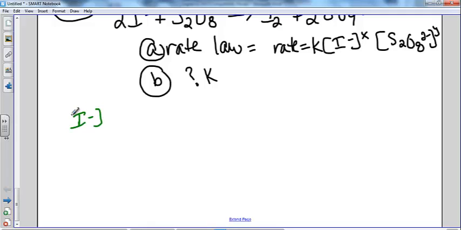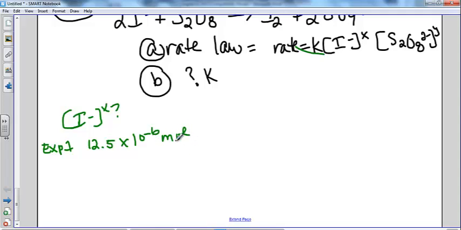So for iodide, to solve for X, I'm going to have 12.5. Remember, I'm setting the rate equation for experiment number 1 over the rate equation for experiment number 2. So experiment number 1, my rate is equal to 12.5 times 10 to the negative 6th.